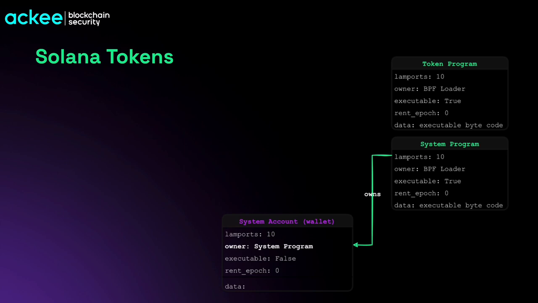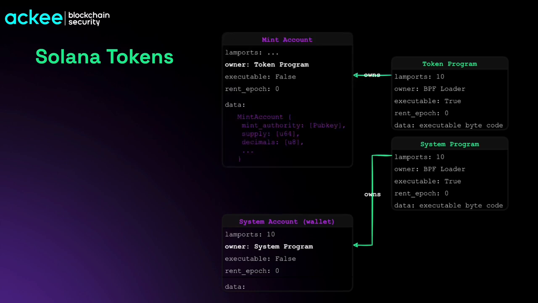And let's say we want to create a new token on Solana, which we were doing in lesson number 1. So first, we ask the token program to create a mint account. A mint account essentially is an account that has metadata for the token that we are creating. So we can see in the account data that we have some form of mint authority.